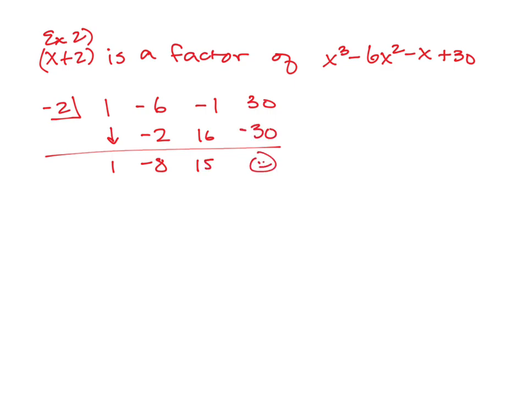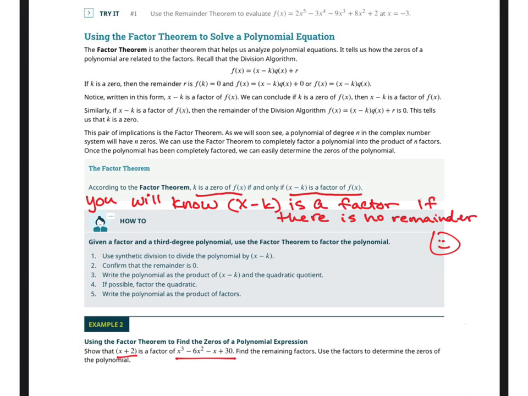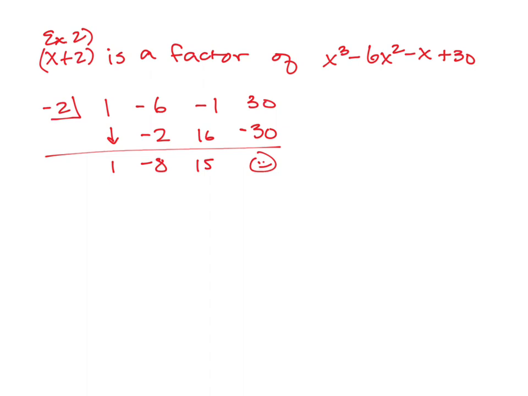How do I know it's a factor? Okay. So the second part says, once you show that it is a factor, find the remaining factors. Find the other factors that exist here. So we know one of our factors is x plus 2. What's the other one?